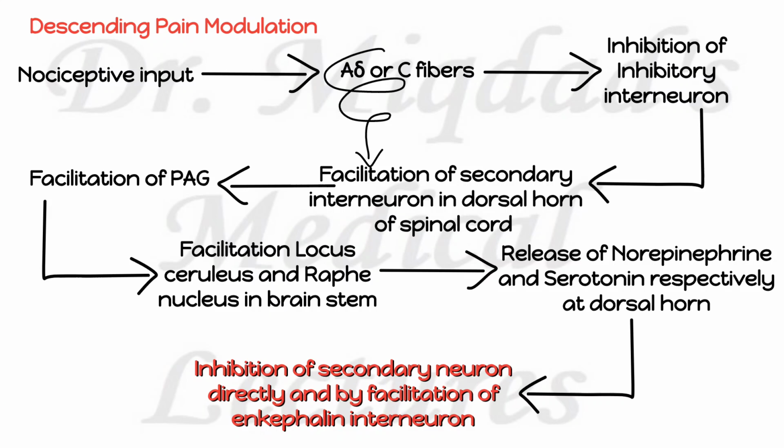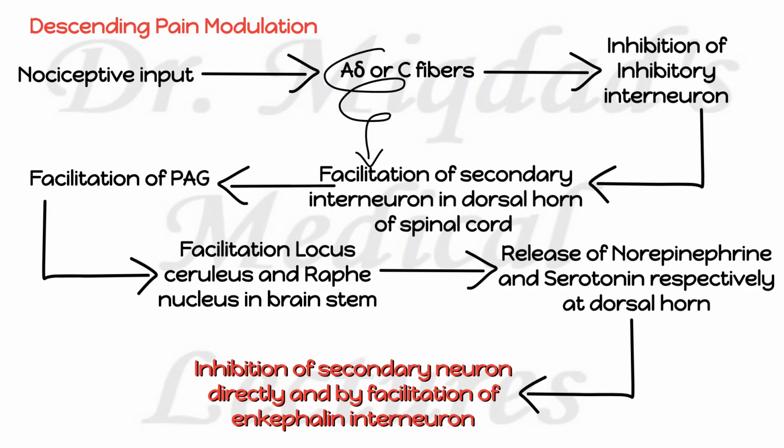We call this mechanism of pain modulation the descending pain suppression system because the descending impulses from PAG, locus ceruleus and nucleus raphe close the gate at substantia gelatinosa of the spinal cord.